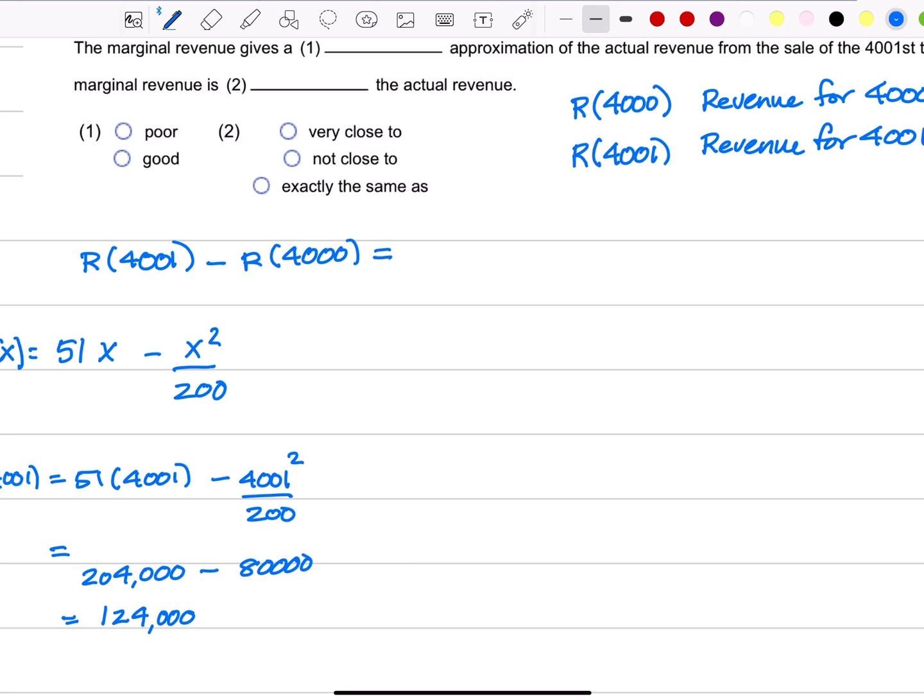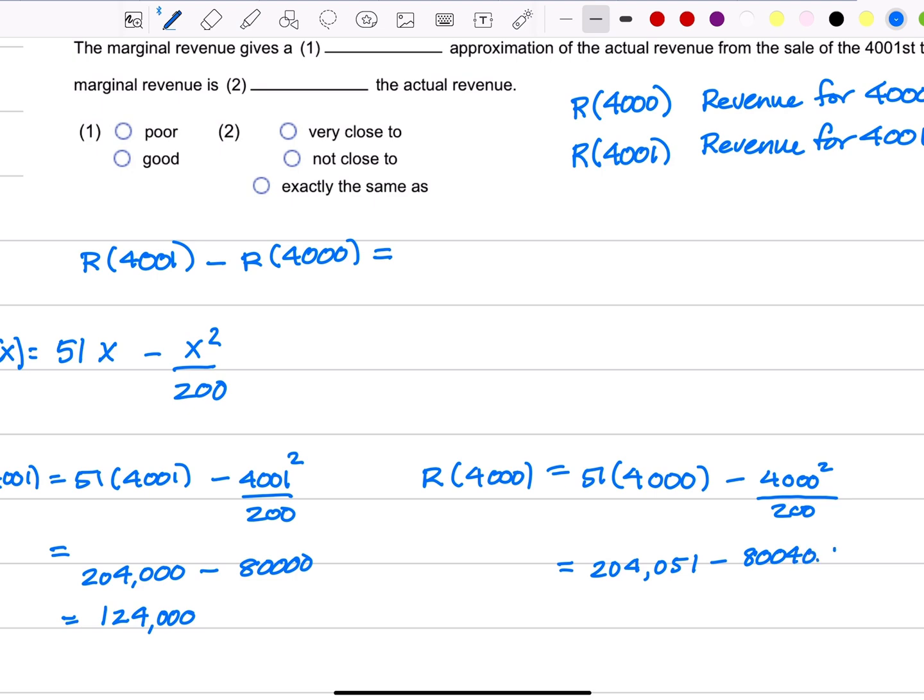Okay, now I'm going to do R of 4,000. And that's 51 times 4,000 minus 4,000 squared over 200. And that gives us $204,000 minus 80,000.